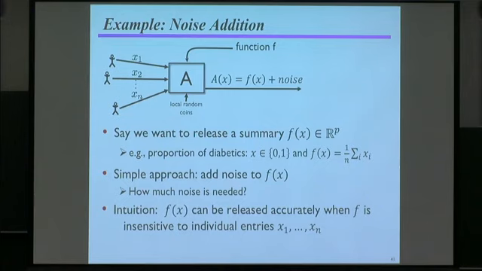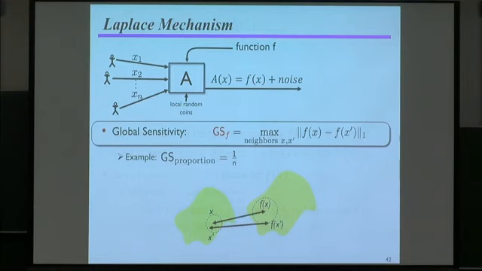And we can provide an upper bound at least on this for now. The intuition is that f of x can be released accurately as long as f is insensitive to changes in the inputs of individual members of the data set.